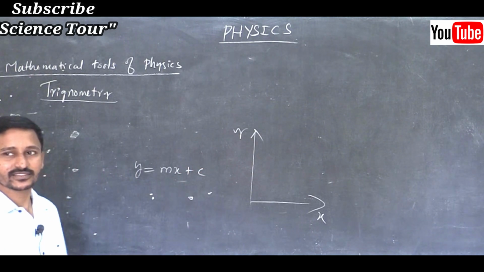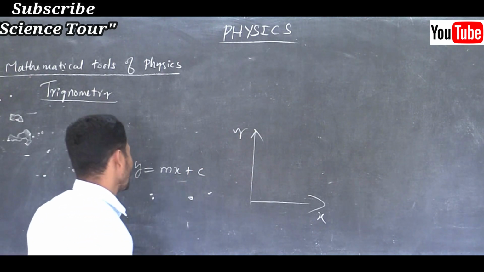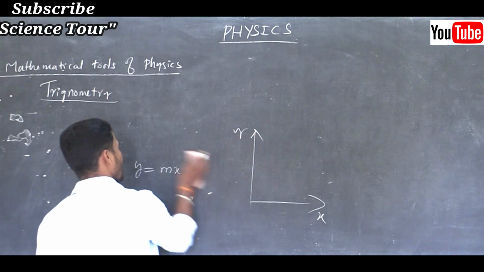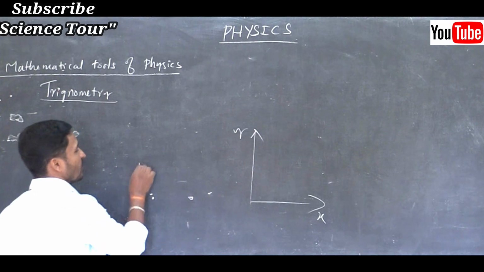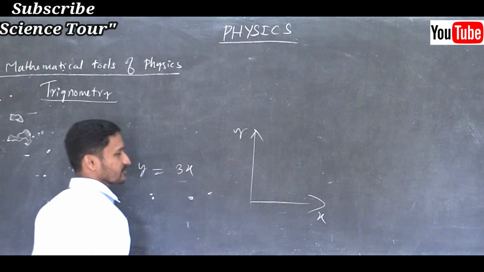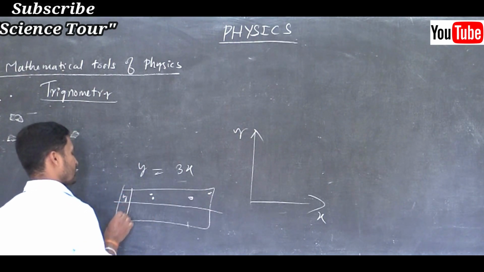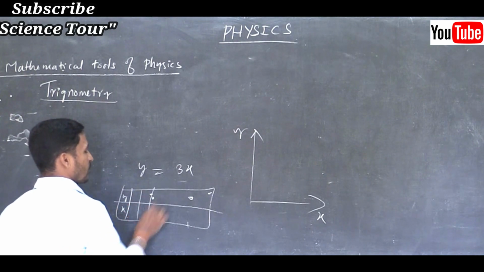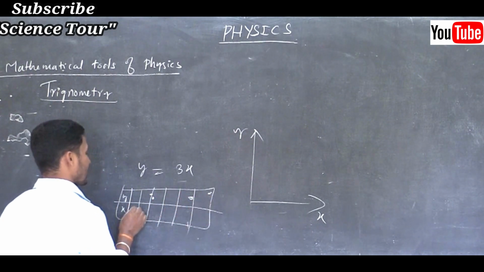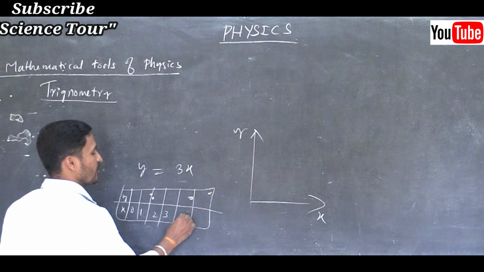Or I will give you the equation y is equal to 3x. And how can I draw the graph? In this way we draw the graph with x and y. We keep giving values for x: 0, 1, 2, 3, 4, 5.